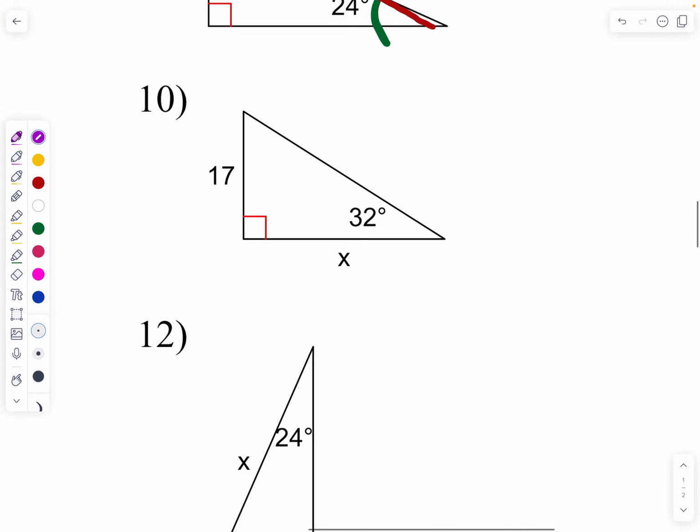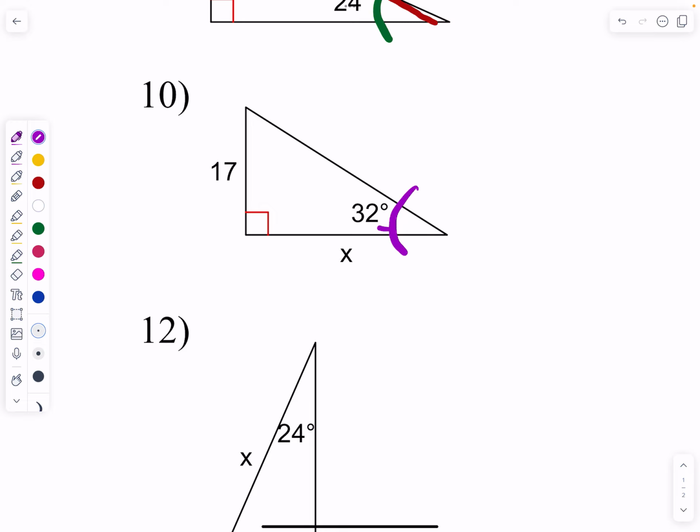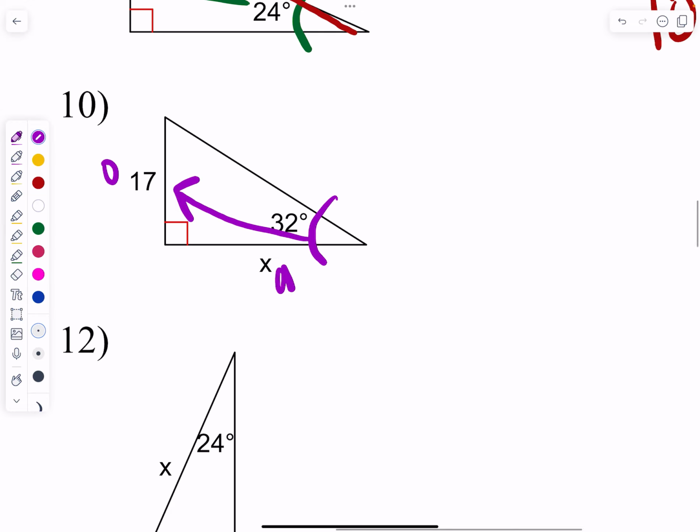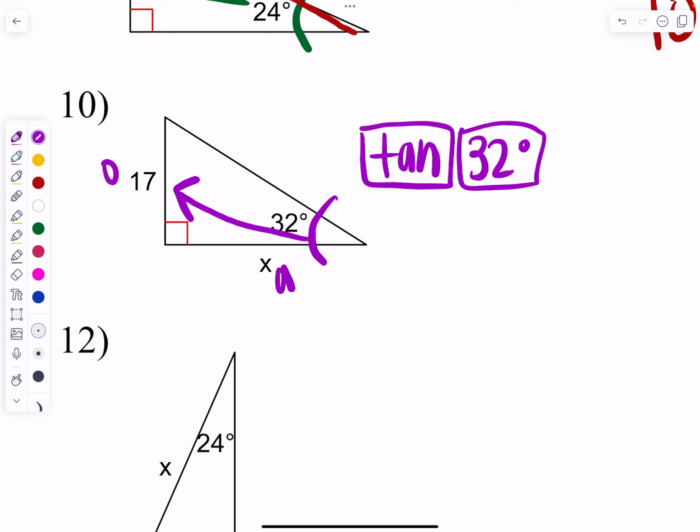Number 10, last one, from the 32-degree angle, the 17 is opposite. The x is the adjacent. So which one goes with opposite and adjacent? That's going to be the tangent button. Tangent of 32 degrees is going to be equal to the 32's opposite, which is 17, over the 32's adjacent, which is x.